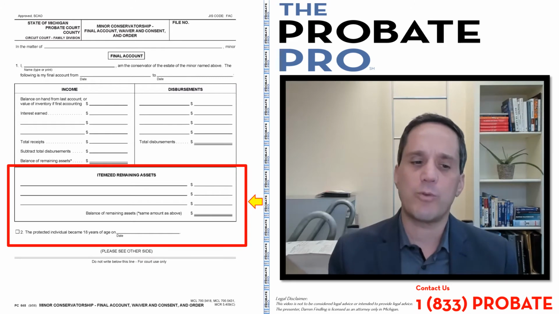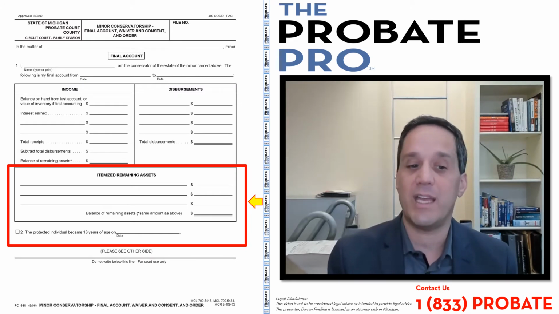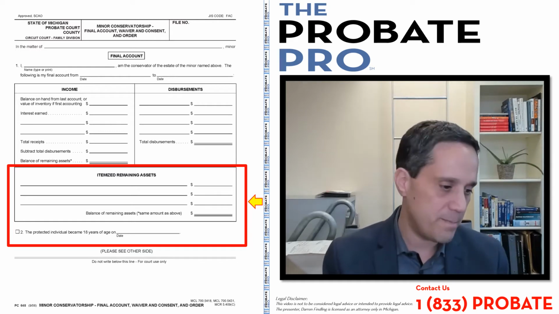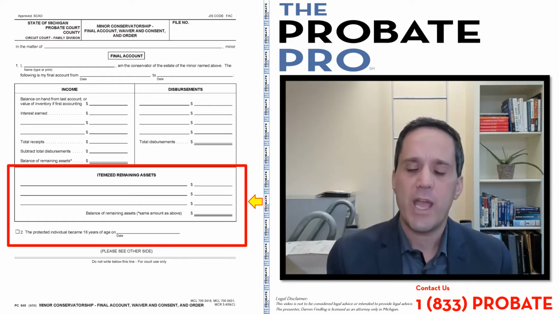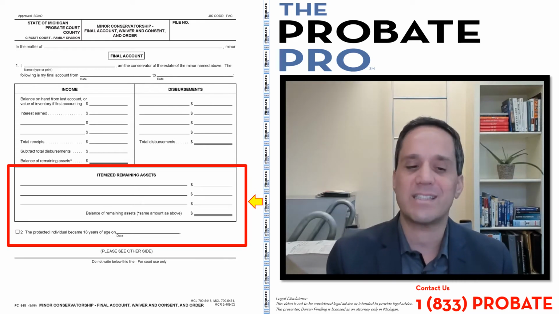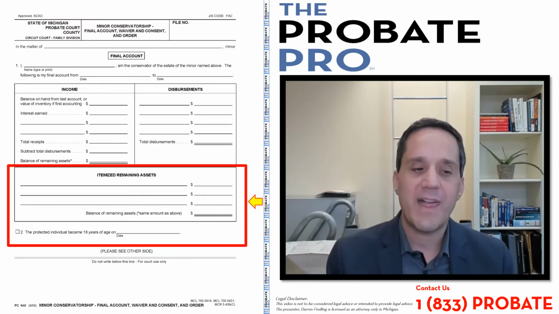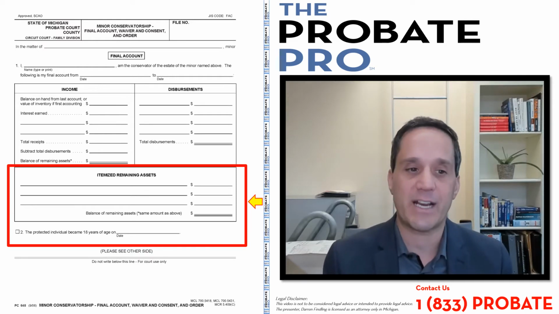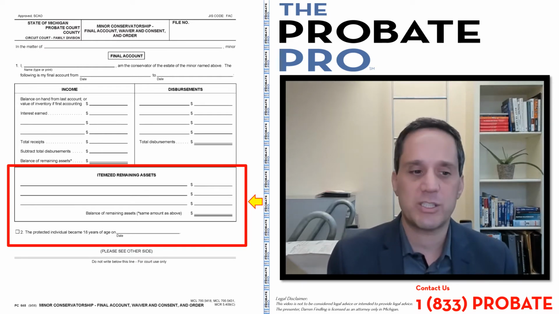The items remaining at the end, or itemized remaining assets, is a description of what's left over. This could be bank accounts, land, etc. And you itemize them. Now they should all tie together. So for example, where it says balance of remaining assets, it says in an asterisk, same amount as above. That above reflects the double underlined section, the income minus disbursements.